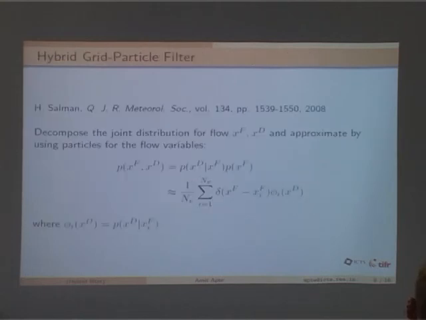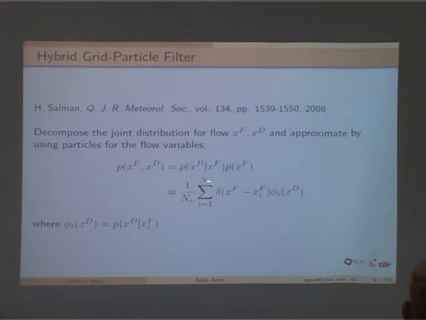The motivation came from this paper by Heather Salman, that I guess Chris talked about, but we couldn't hear very well, and that Elaine mentioned in her talk. Effectively, what you do is split up the joint distribution of the flow and the drifters into two parts.